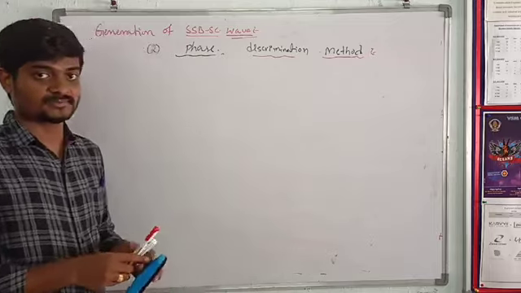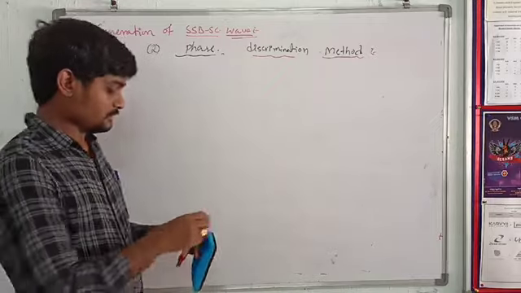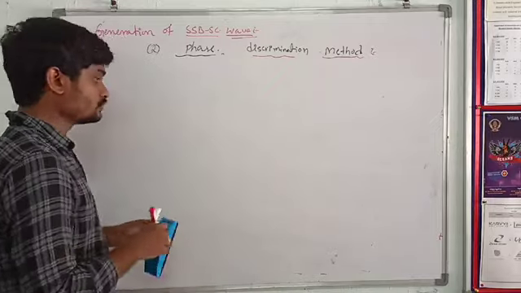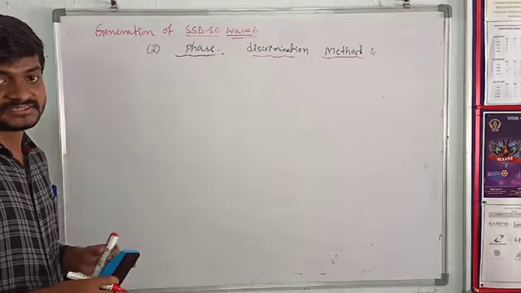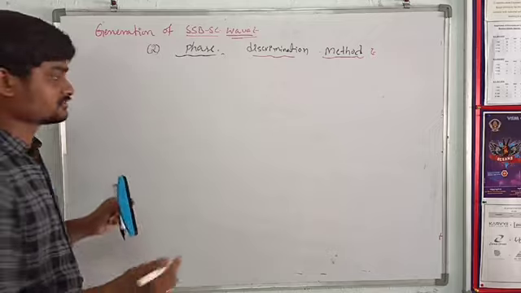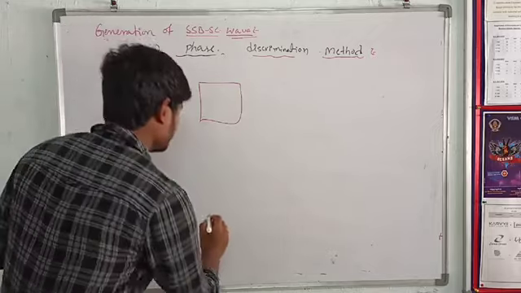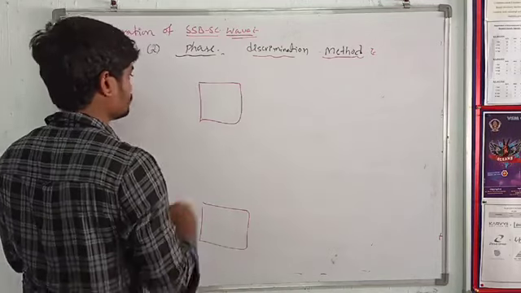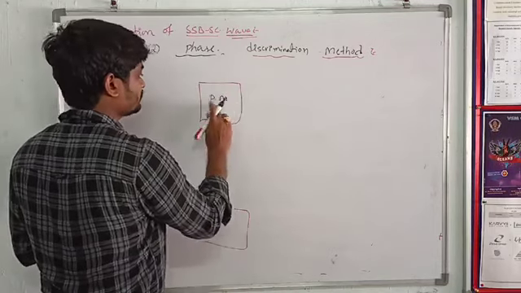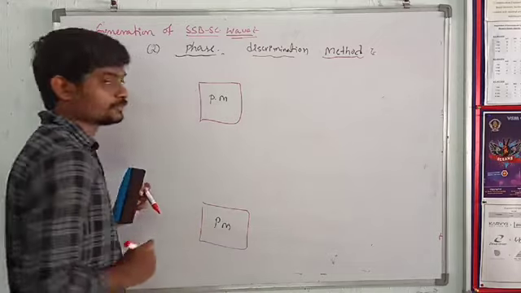Already in the last class we explained the Costas loop. It is also like a Costas loop. In this we use two coherent detectors or coherent modulators. This is one product modulator, and this is another product modulator. This is also called PM, that means product modulator.